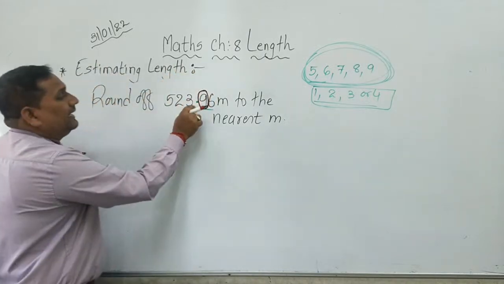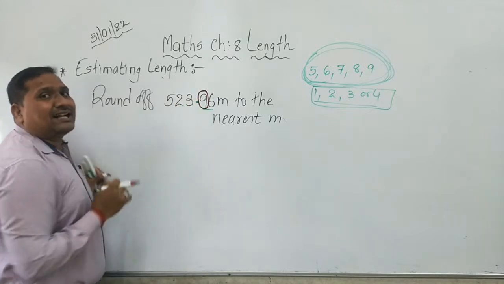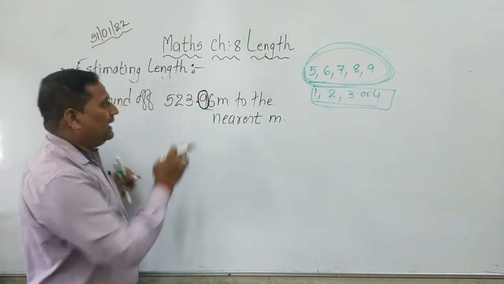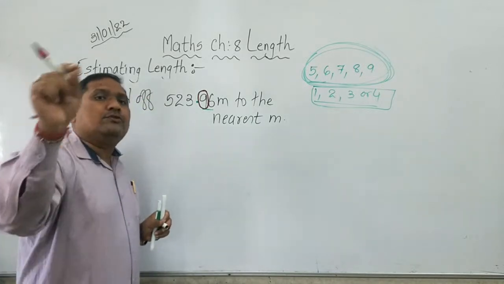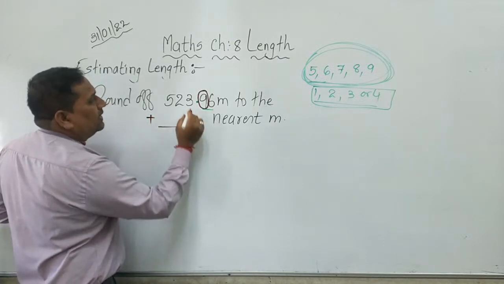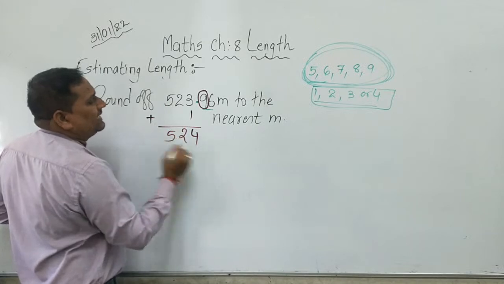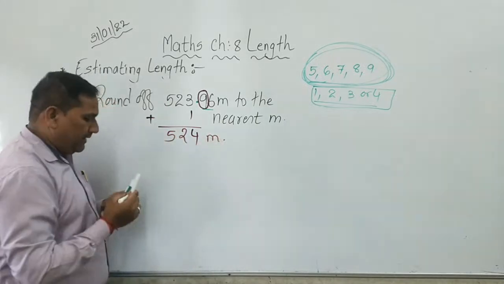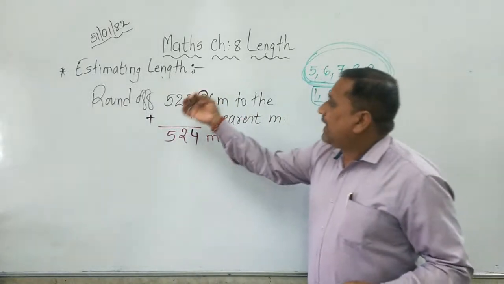Add 1 in the numbers which are given on the right hand side of the decimal. Decimal के आगे जो भी नंबर दिए गए हैं उसमें हमें 1 ऐड करना है. So plus 1. So 3 plus 1 is 4. 2 as it is, 5 as it is. So our answer will be 524 meter.